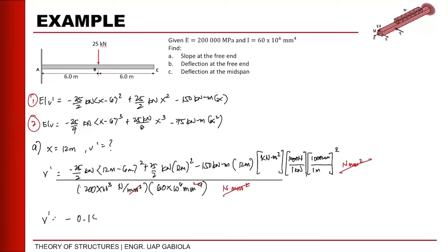Negative 0.15 radians as our rotation sa kanya. Okay? So, anong ibig sabihin niya? So, di ba yung elastic curve natin dito will be like this, no? Okay?